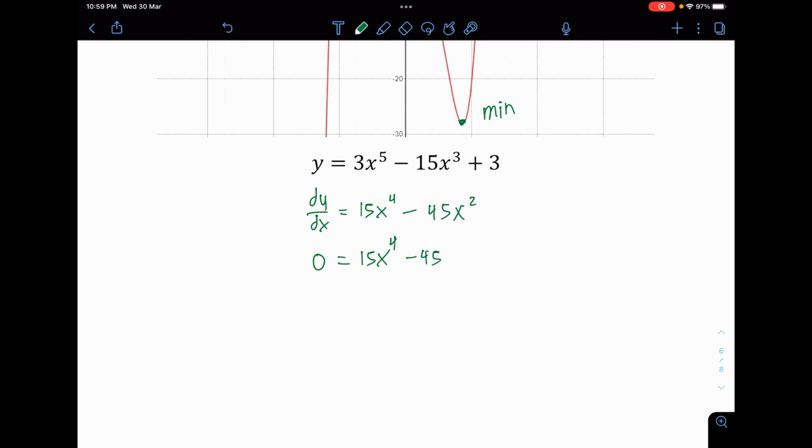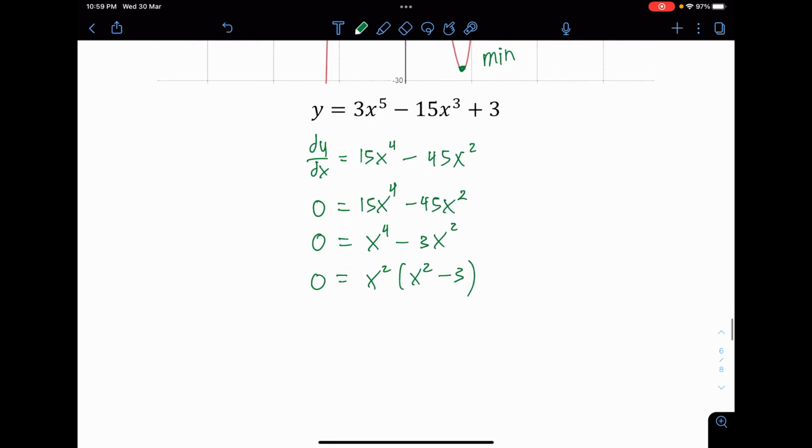I want to find those 3 points, so let's divide everything by 15. Then I get x^4 minus 3x^2, and then I'll just factorize them like this.